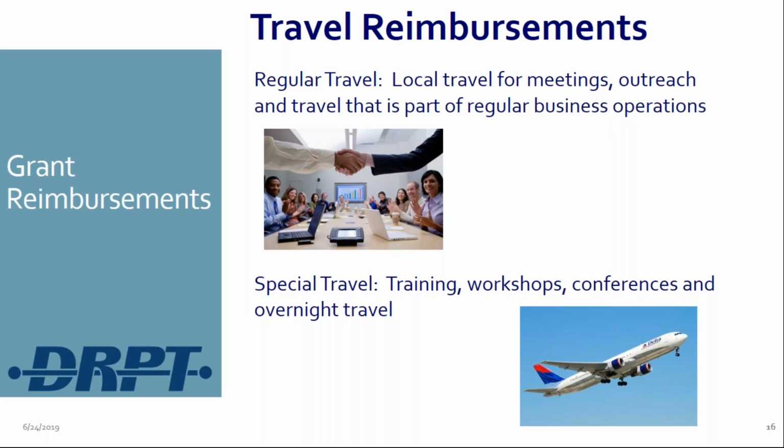That's part of your everyday kind of work. And then the category I'm calling special travel, which is training and workshops and conferences, any overnight travel. This is not part of your operations. It may be something where you're going somewhere to learn, or to get certifications. So I'm categorizing travel into those categories.